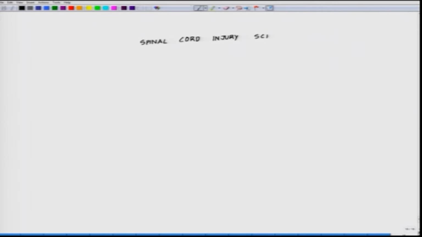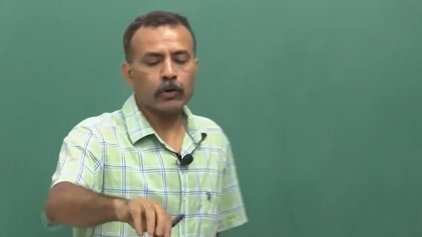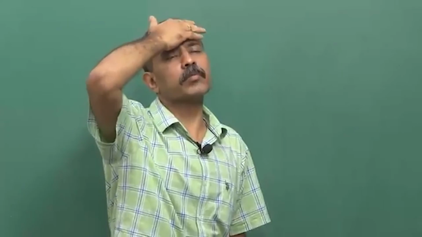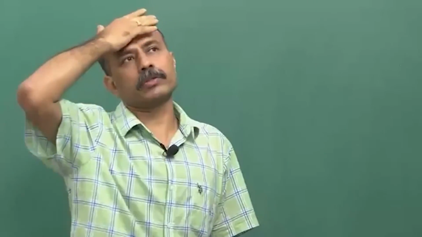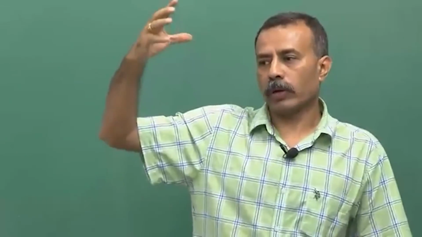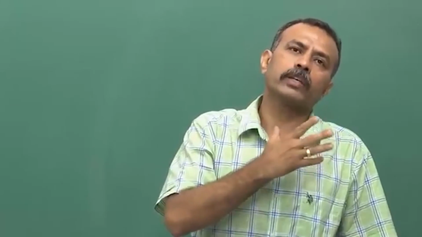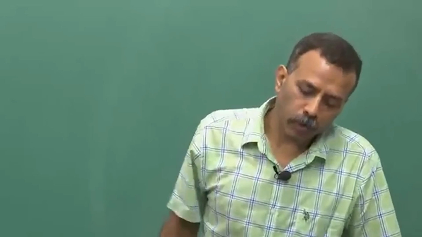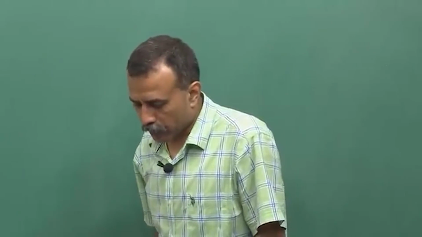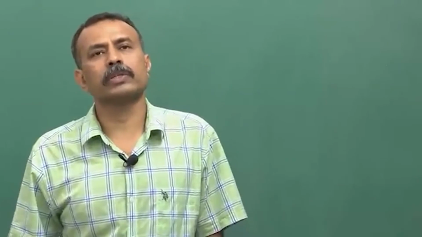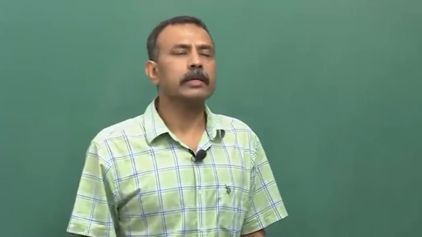In a spinal cord injury, the neurons which take the maximum hit are the motor neurons. It is the motor neuron which is synapsing on the extrafusal fiber. So, if a motor neuron takes a hit, automatically the electrical stimulus which it is supposed to send to the effector muscle will not happen.